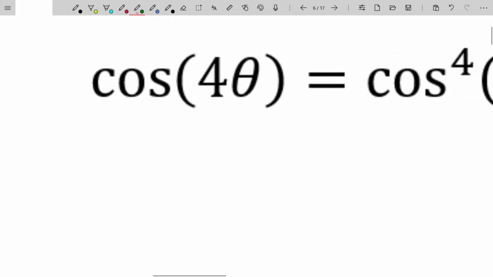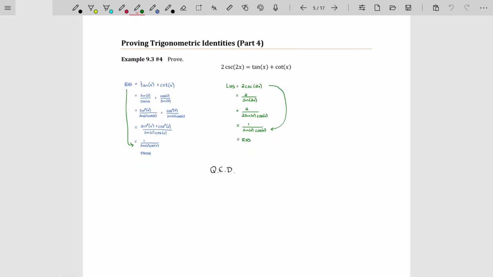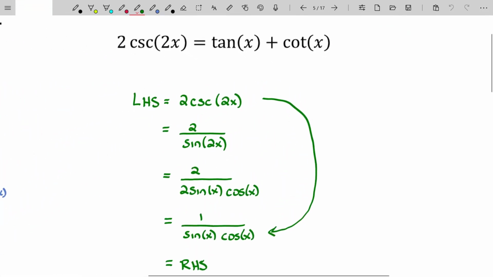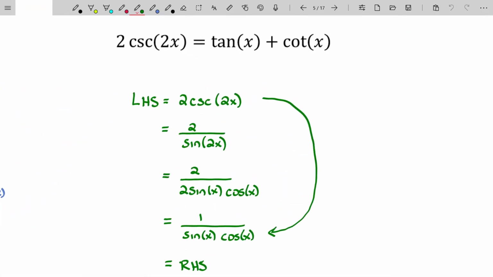In fact, in the previous problem, we started on the right-hand side, but we could have started on the left-hand side. That's actually what I normally would do. I'd just say, oh, there's a trig identity right there. Let me go ahead and rewrite the left-hand side in terms of that trig identity, which is sine of 2x.